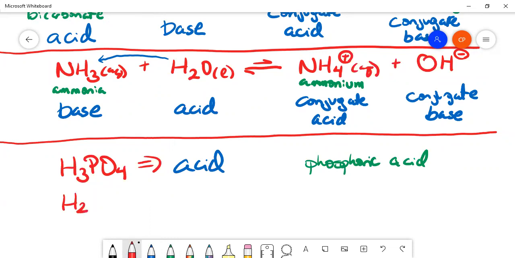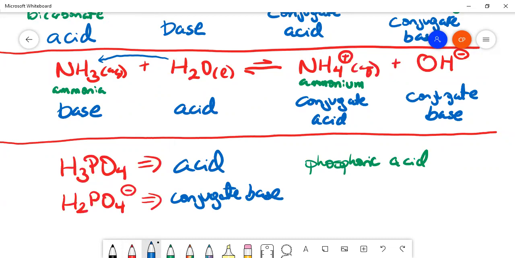It would be H2PO4 1-. We call H2PO4 the dihydrogen phosphate ion.